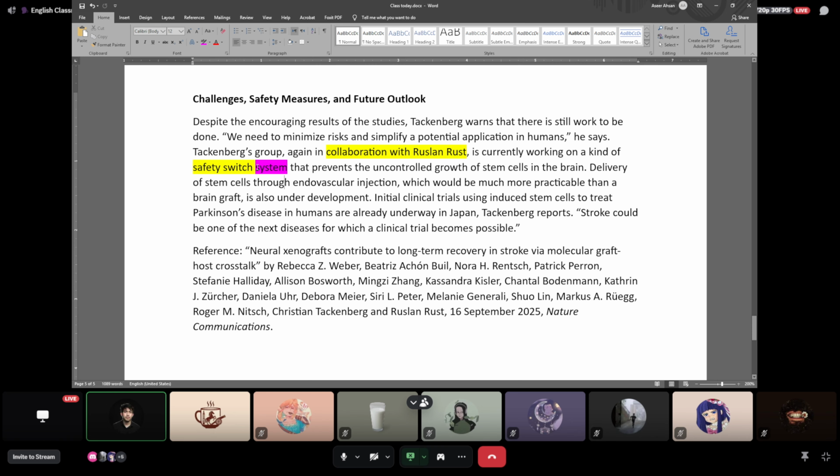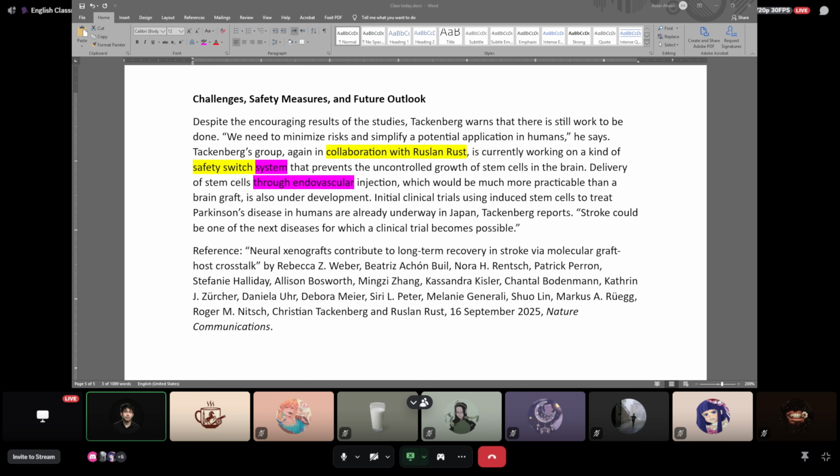Delivery of the stem cells through vascular injection, which will be much more practicable than a brain graft, is also under development.